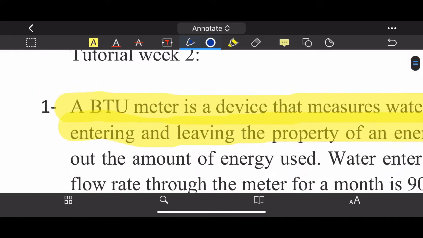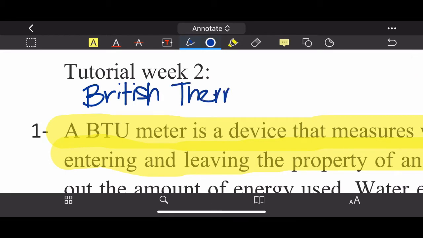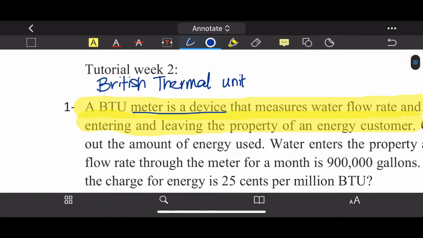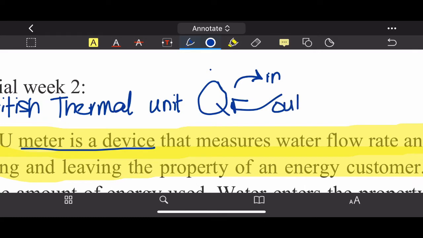A BTU is a British thermal unit. Device, meter. So it's a device that studies how much Q dot, which is the rate, moves in or moves out from a closed or open system.